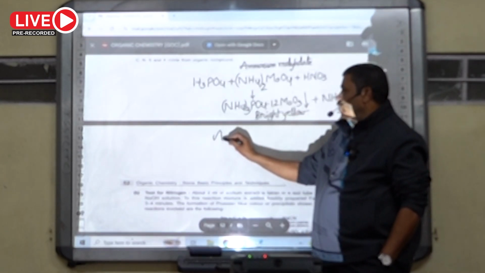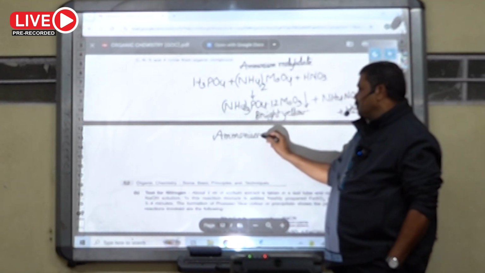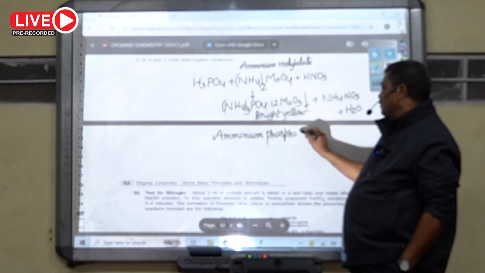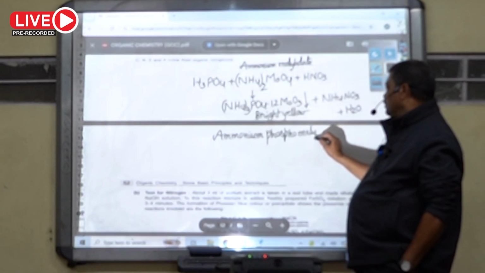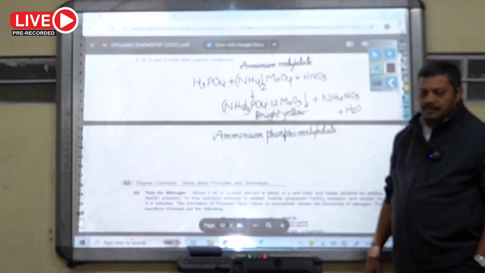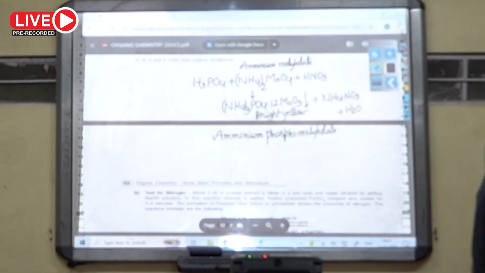The name of this compound is ammonium phosphomolybdate. This is detection of phosphorus.